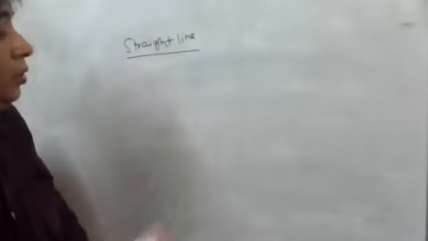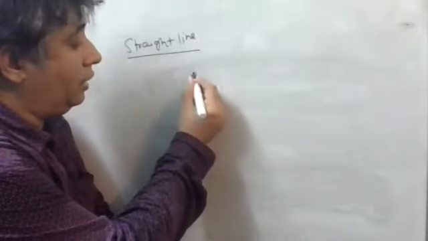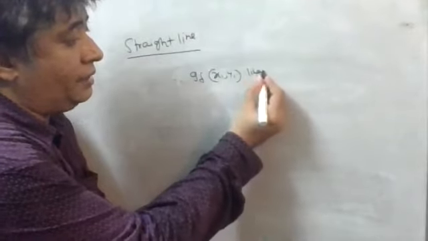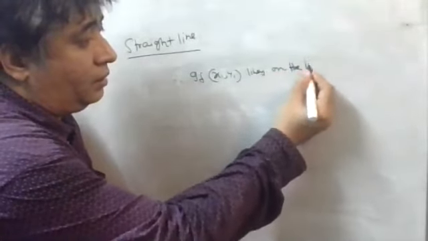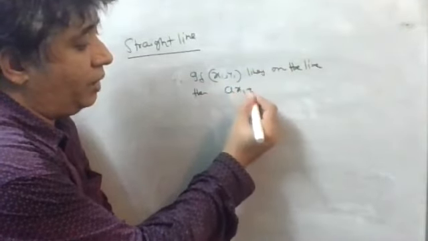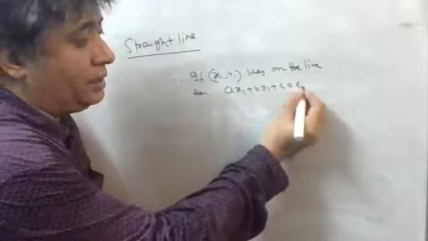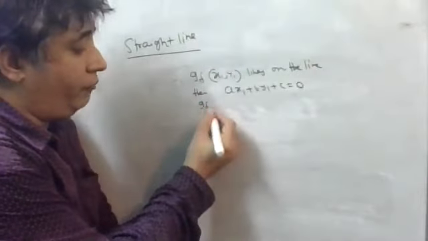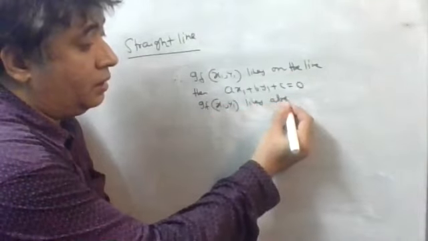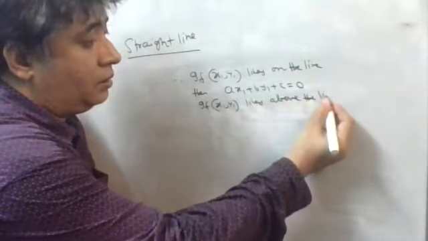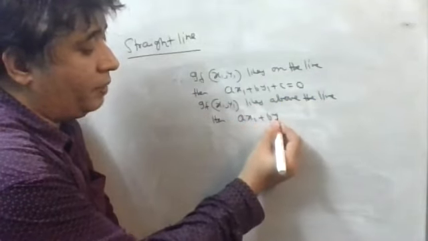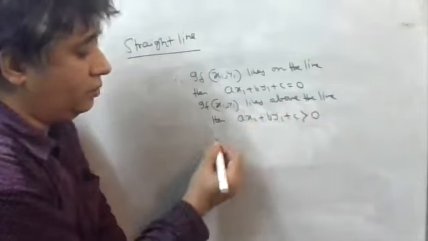So we have got, therefore, if x1 y1 lies on the line, then x1 plus by1 plus c is equal to 0. If x1 y1 lies above the line, then x1 plus by1 plus c greater than 0.